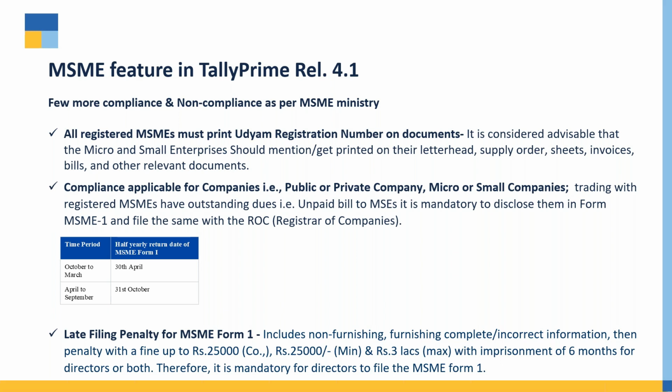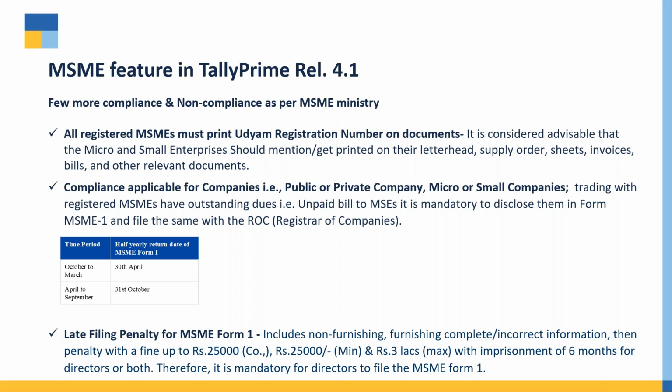So if I have to pay MSMEs within 45 days, and I'm not adhering to that credit limit, definitely these details of unpaid and delayed payments to MSMEs have to be submitted in Form 1, which is a half yearly return.